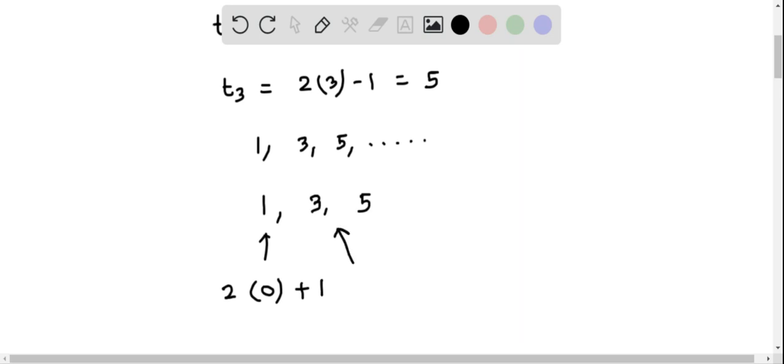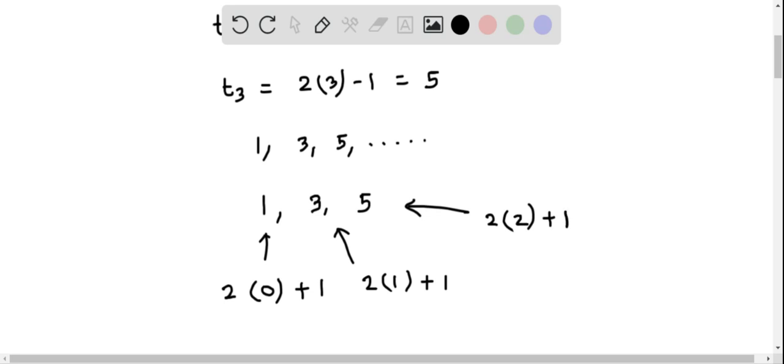And I'm going to rewrite this 3 as 2 times 1 plus 1, because 2 times 1 plus 1 is 3. And so this 5 has to be 2 times 2, which is 4, plus 1.